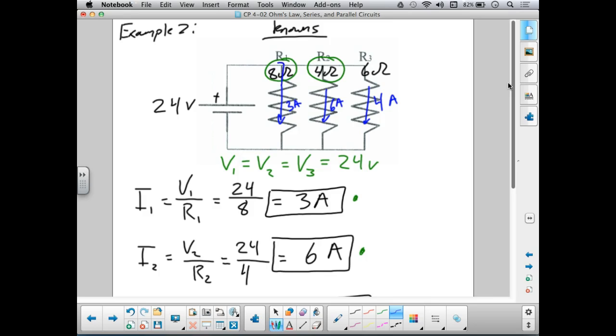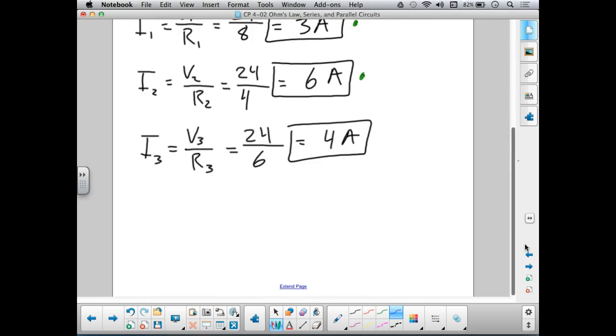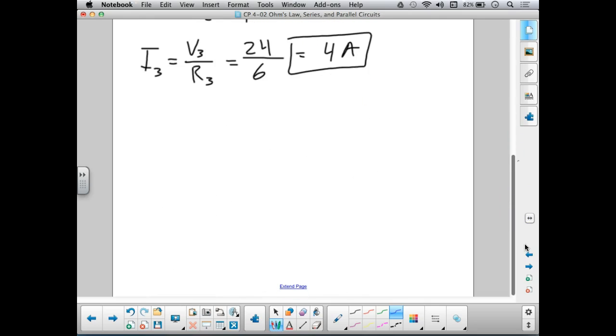It's really easy to see how I could find the total current, because if there's 3 going through this path, 6 going through this path, and 4 going through that path per second, then I better have 3 plus 6 plus 4 going through this path over here, coming out of the battery, because that current had to come from somewhere. We can't just make up current, and this has to do with the law of conservation of charge. We can't just make things up. They have to come from somewhere.